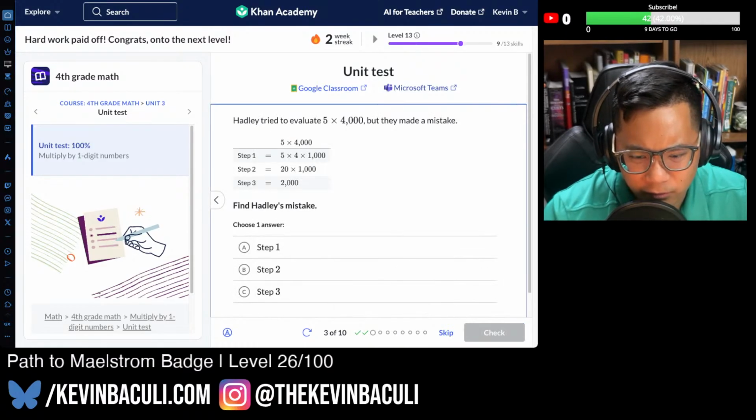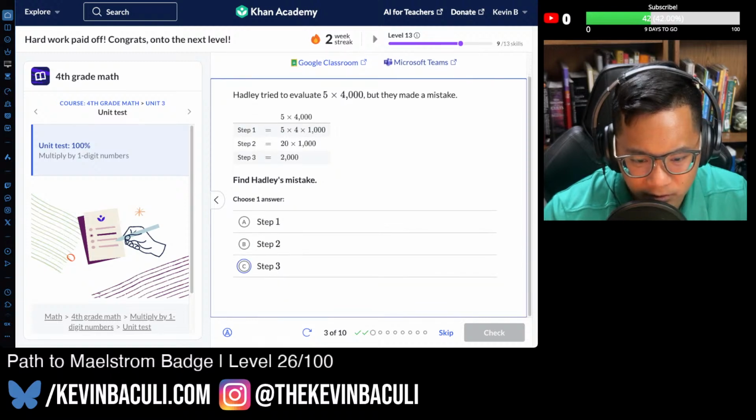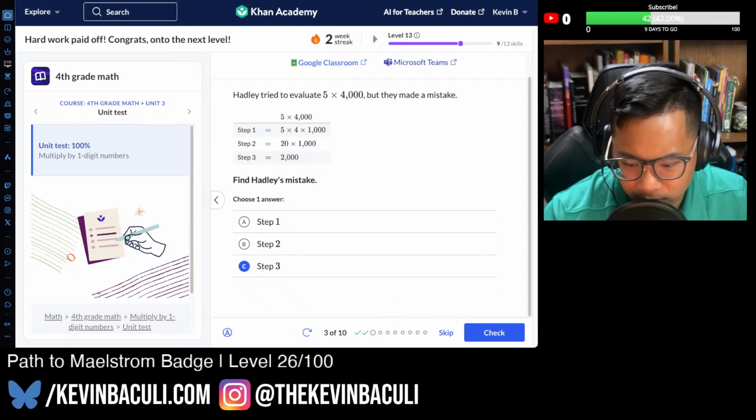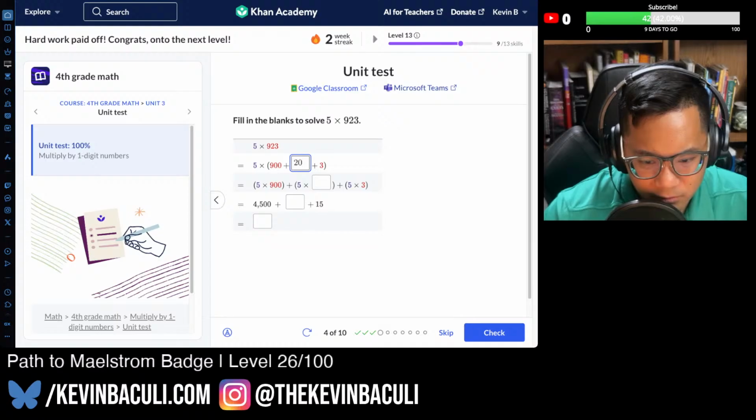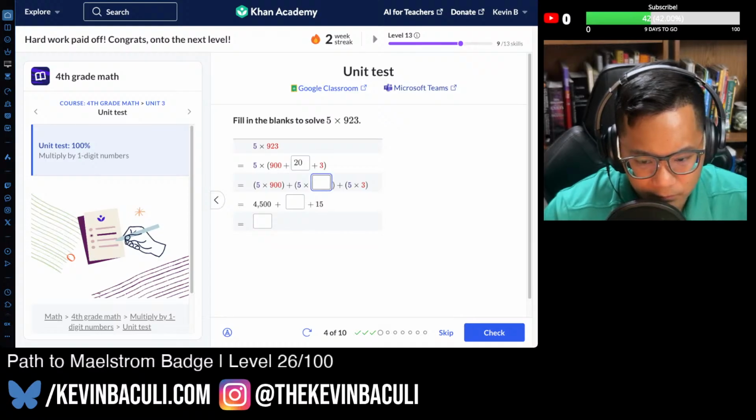Hadley tried to evaluate 5 times 4,000, but they made a mistake. Step 3. Because that's right. It's 20 plus 3. 20 plus 3. 400. 4. 9, 15.